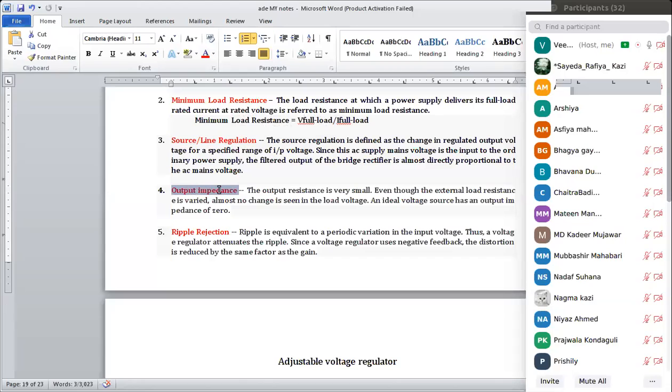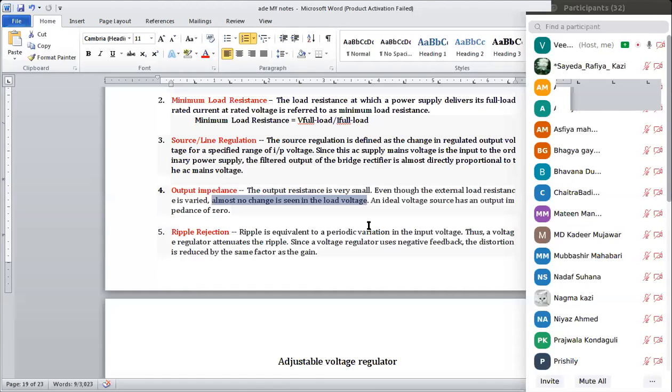Then the output impedance. The output impedance or load impedance is very small, as we have stated, the load resistance is going to be minimum. The output impedance is going to be very small, so that even if we change the external load resistance, almost no change is seen in the load voltage.